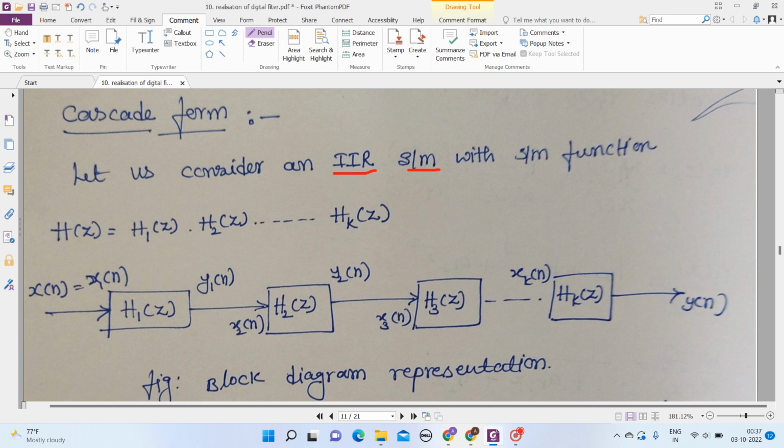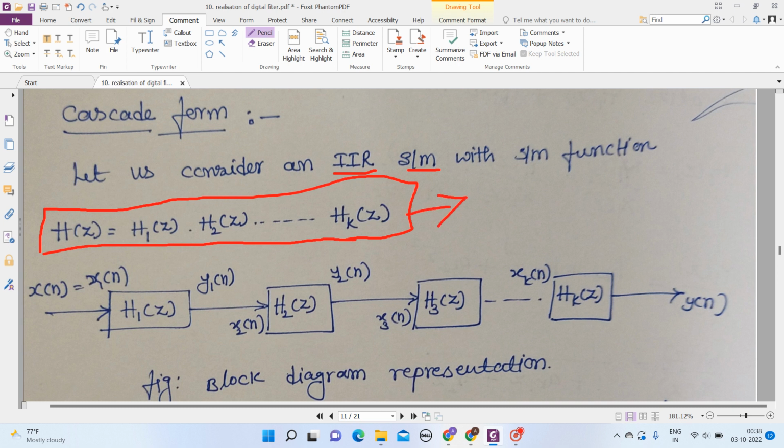This is the representation of the system function. The mathematical representation of the cascade form structure is H(z) = H1(z) · H2(z) and so on up to Hk(z). This is the mathematical representation of cascade form. This is the block diagram representation.